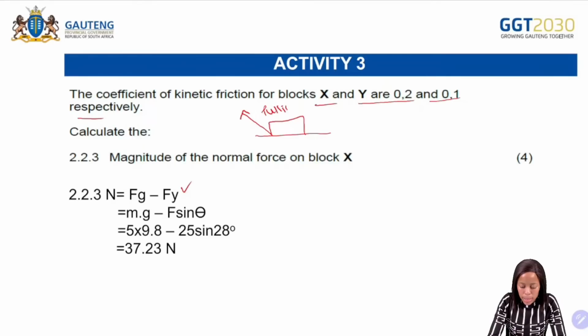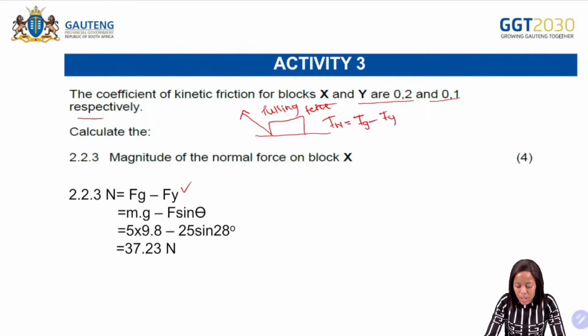So when it's like this, we call it a pulling force. And then when we have a pulling force, then you need to make sure that you know the different scenarios or the calculations for what? For the normal force. So when it's a pulling force, then we are saying the normal force is equals to Fg minus what? Minus Fy.